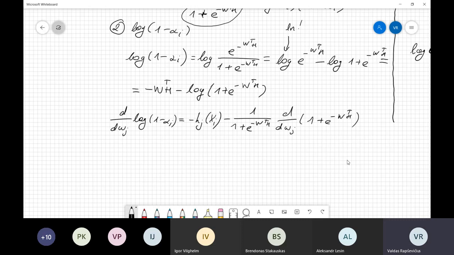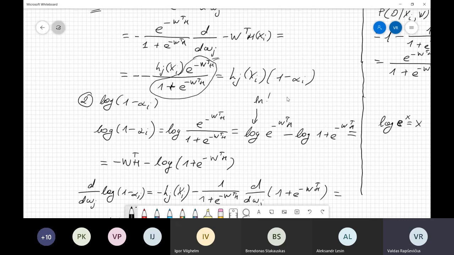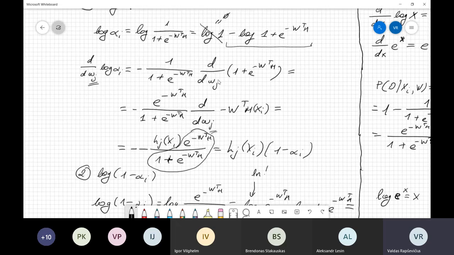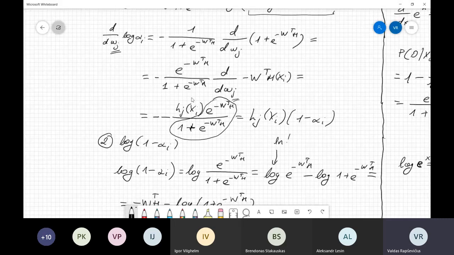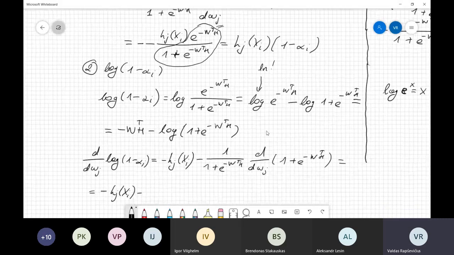Okay, so the same trick again. It equals minus feature, sorry. We have the same thing that we had before, so it basically takes this term up and multiplies it by the feature, nothing else.